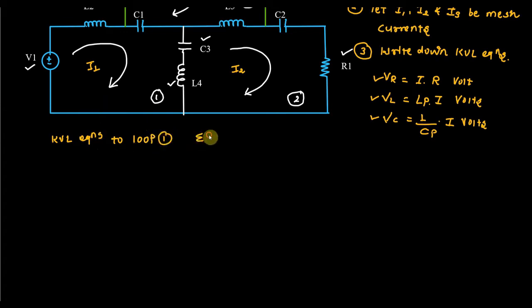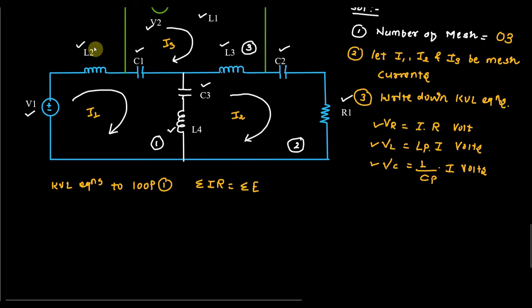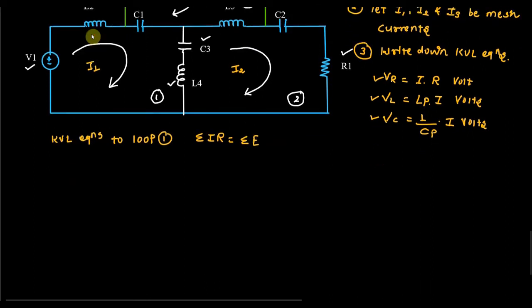And what is the KVL equation? Summation of IR is equal to summation of E. If you see mesh 1, it consists of an inductor and a capacitor. I will write for the first one, the inductor L2. So what will be the current through this inductor?